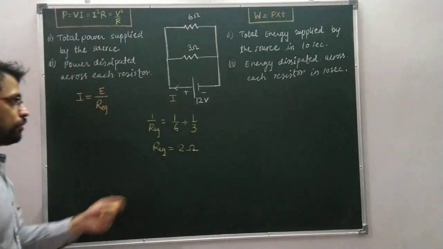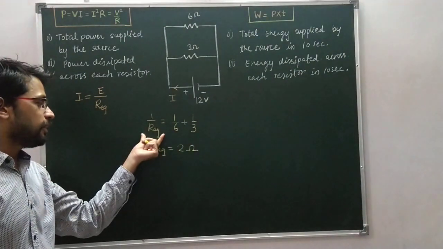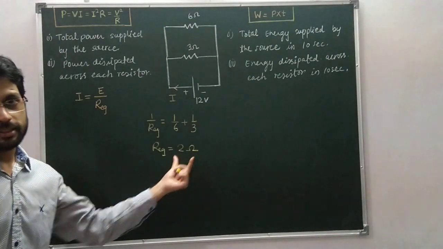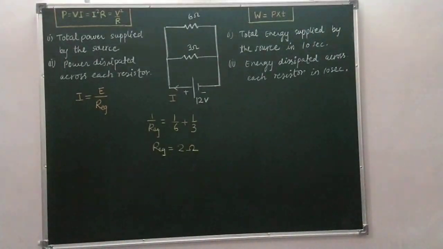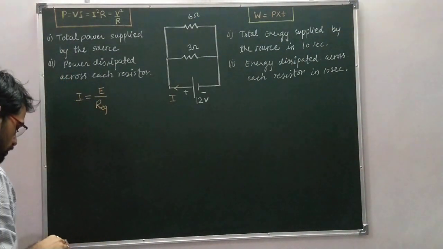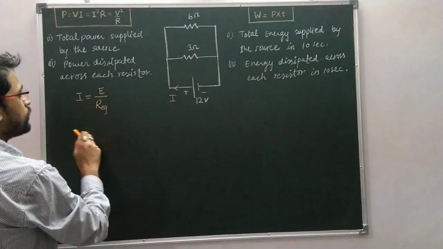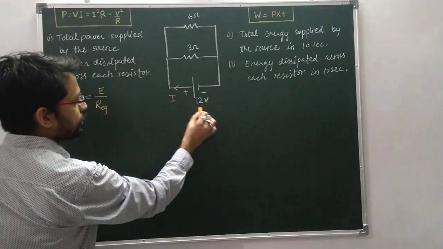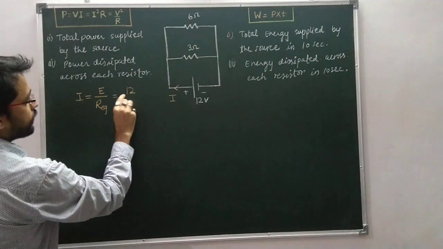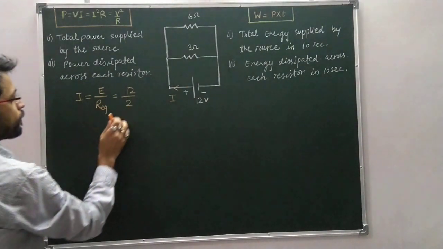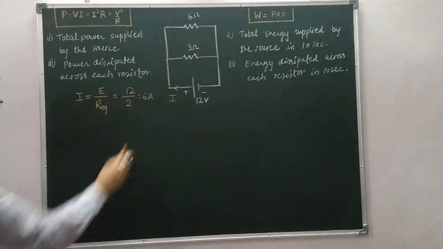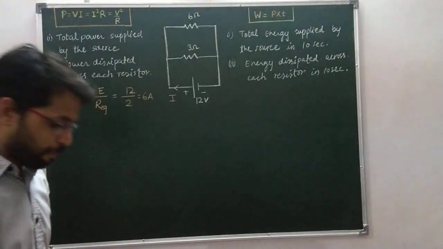When you solve this for equivalent resistance, you will get 2 ohm. Do it yourself. So we have total equivalent resistance 2 ohm, and EMF of the cell is 12 volt. Put the values here. So we get 12 divided by 2, and 6 ampere. So 6 ampere is the current drawn from the cell.